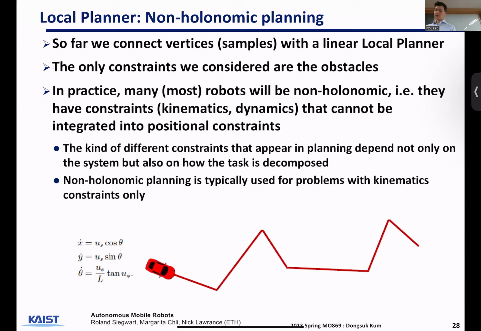So far, we connect vertices, nodes, with a linear local planner. But in reality, many robots are non-holonomic, so we need to create paths for non-holonomic robots and vehicles.